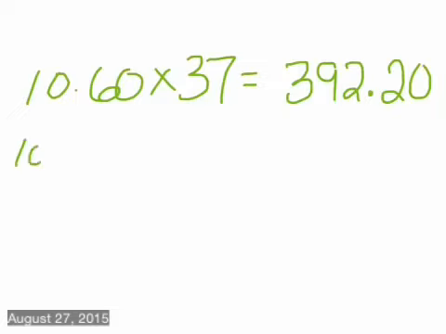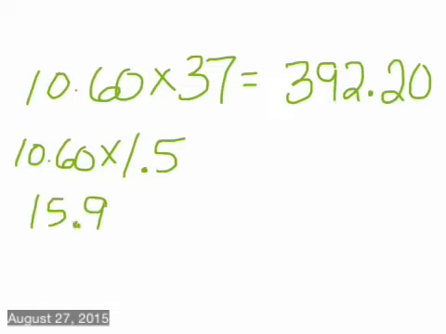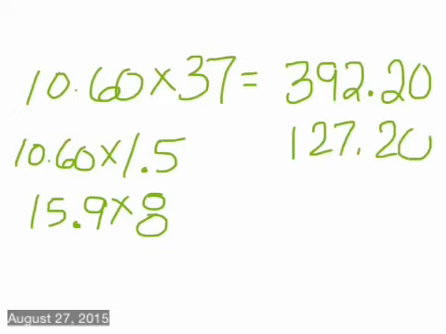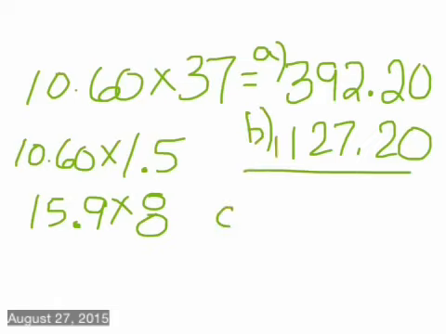Then $10.60 at time and a half is what you guys told me, which is 15.9. And how many hours? 8. You made 127.20. So this 392.20 was part A. This 127.20 was part B. And then part C is you add them together.